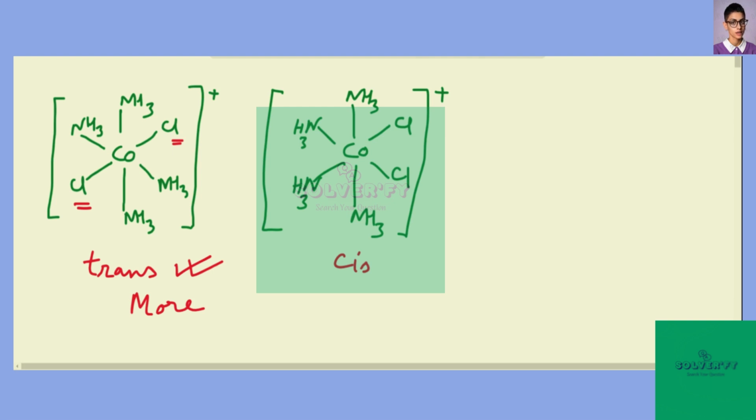Here what happens in cis, the 2 negative chloride ions are adjacent to each other. This one, they are adjacent to each other, so repulsion will be more and stability will be less in this case. So cis isomer is less stable.